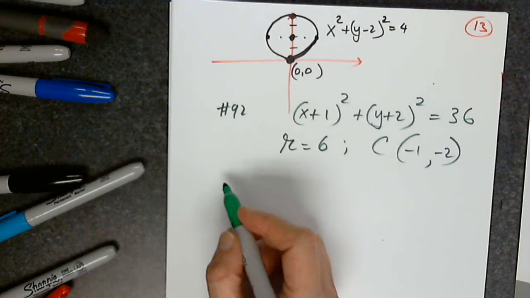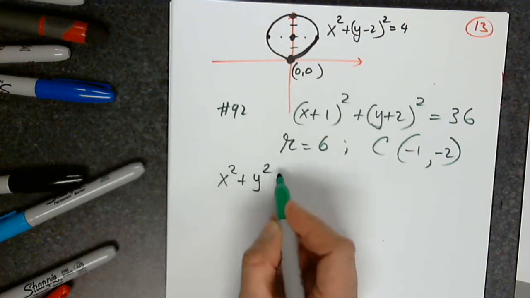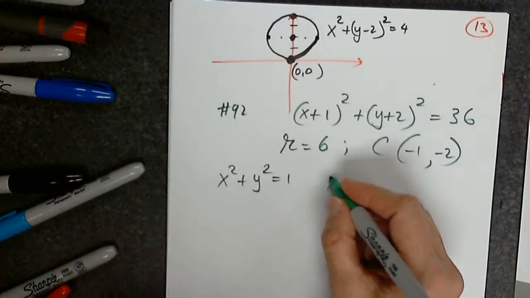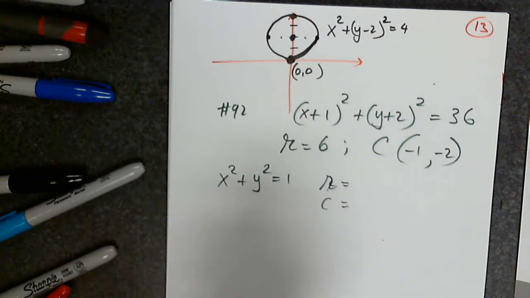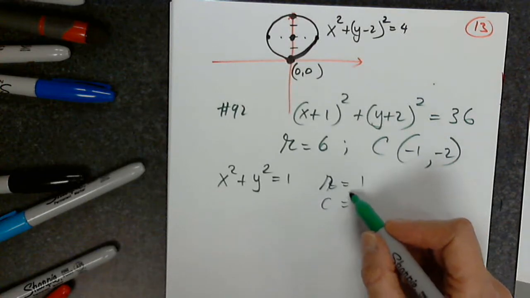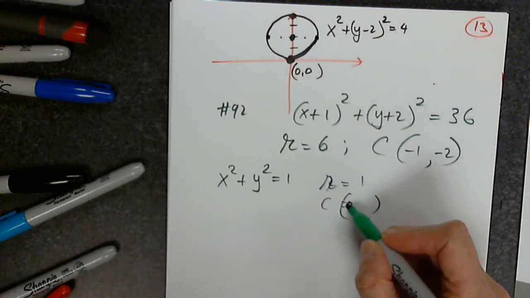Now I'm just making this up. I would like you to identify whether this is a circle or not. If it's a circle, what will be the radius and the center? If I cannot find the center and the radius, then it's not a circle. So the radius would be 1 and the center 0, 0.